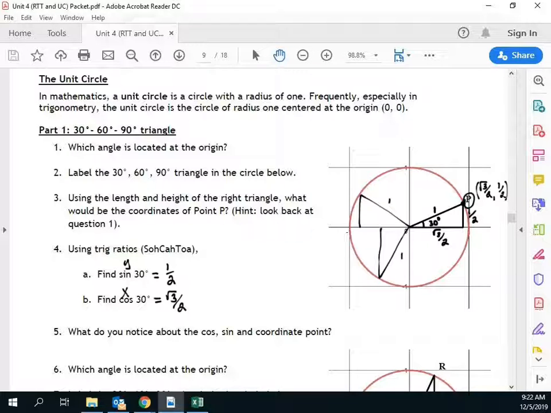And that will always be true, guys. Sine will always be the y value and cosine will be the x. And that's kind of what we had established here. Sine, y value, cosine, x value.